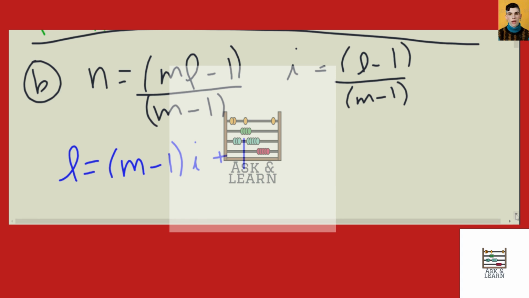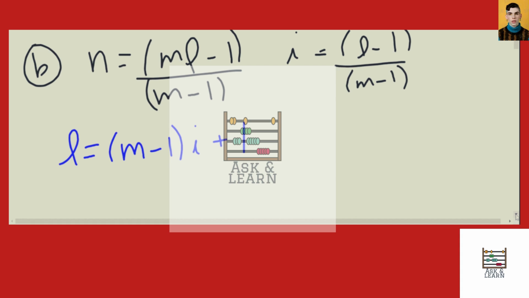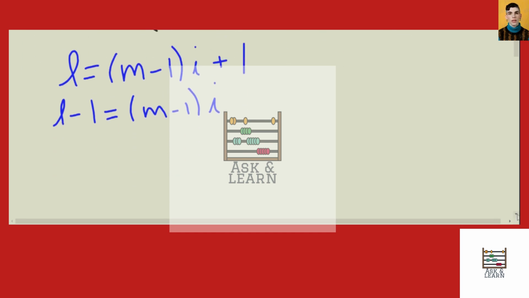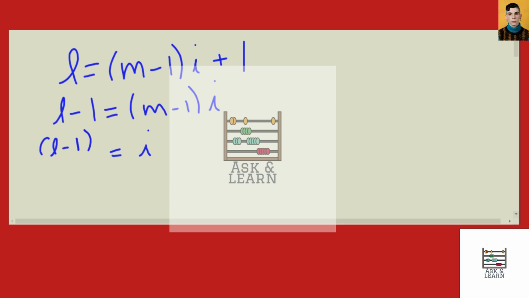I am going to try to solve for i, so I'm going to subtract 1. And then I can divide by m minus 1. So that's the first part.